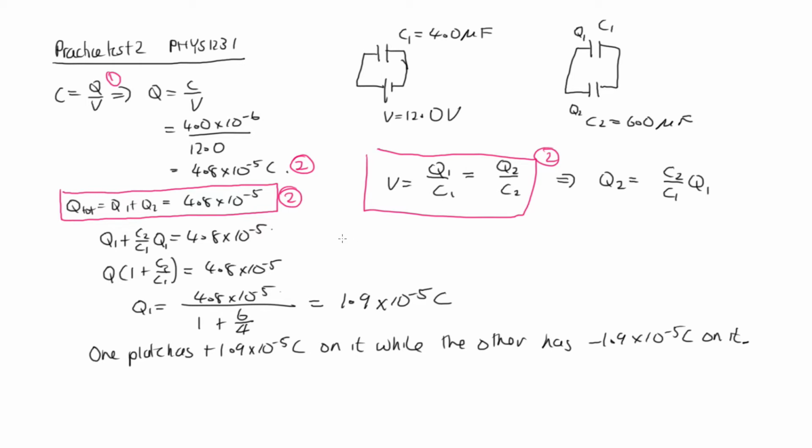Then solving these simultaneously, substituting them in like that, is another 2 points, and then solving it to get 1.9 times 10 to the minus 5 is 2 points, and a statement about what this means for each of the plates is another point. So in total, we've got 2, 4, 6, 8, 10, 11, 12 marks. So this question is out of 12 marks.